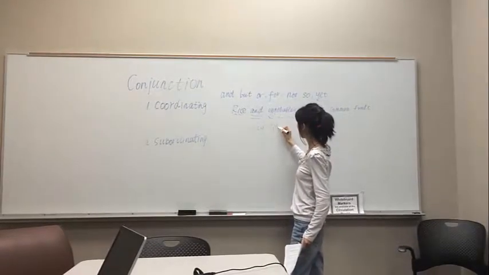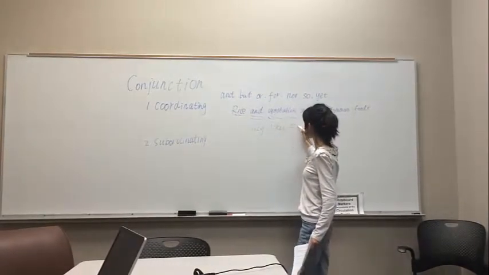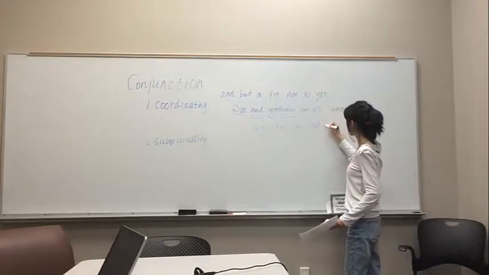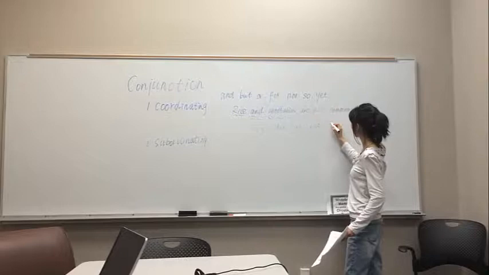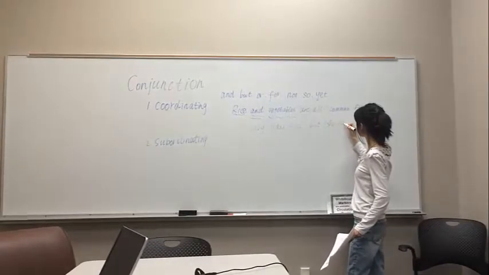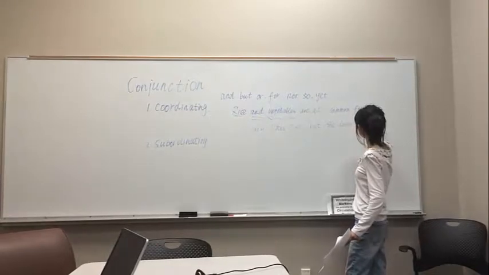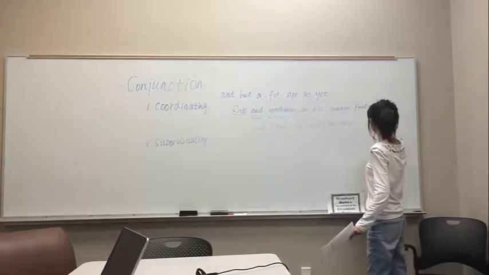Another example of the coordinating conjunction is "Lucy likes fish, but she doesn't like potatoes."